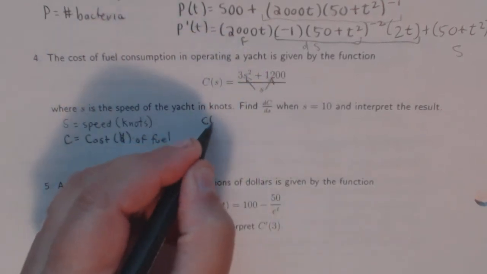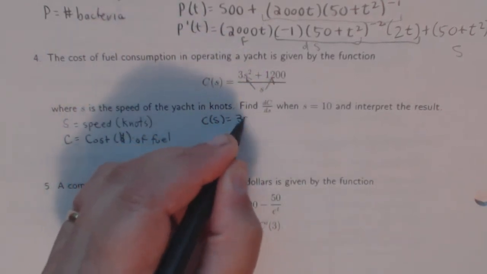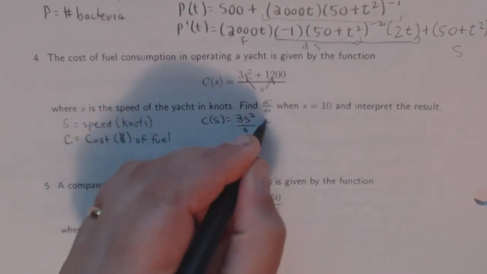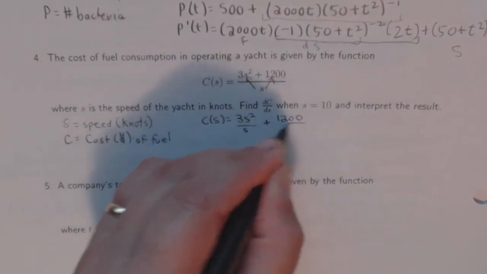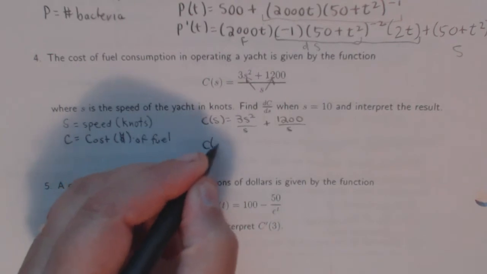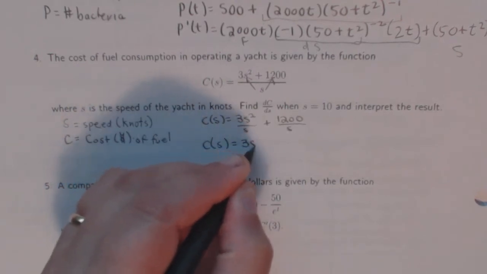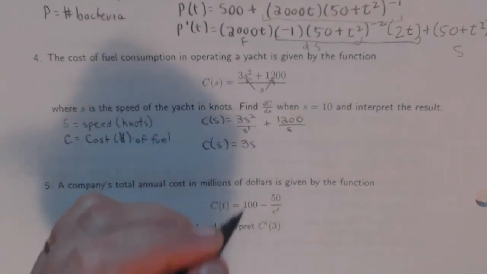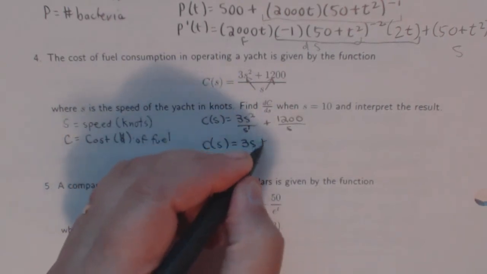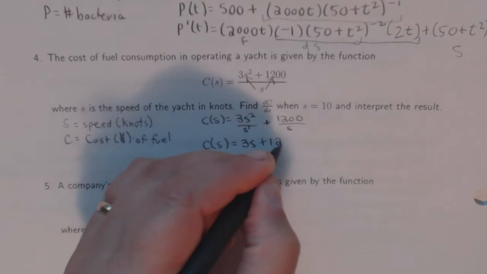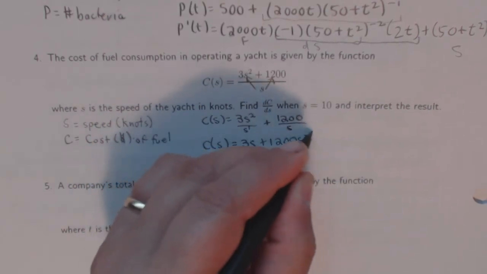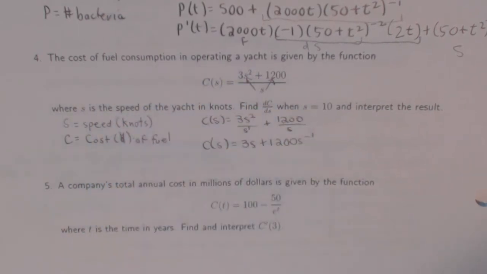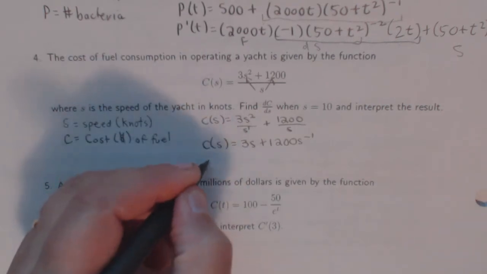So that would be C of S is equal to 3S squared over S plus 1200 over S, which is C of S is equal to 3S, because S squared divided by S to the 1 is just S to the 1. You subtract. And then I'm going to rewrite this as 1200 S to the negative 1, so I can use the power rule on it.